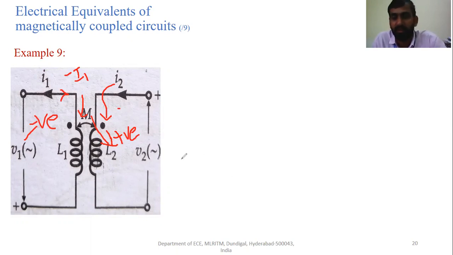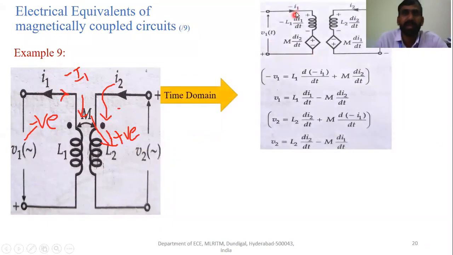So then what can we write with respect to the time domain? Here I1 is negative, and also V1 here is negative. So that means all the terms involved with I1 are going to be negative.